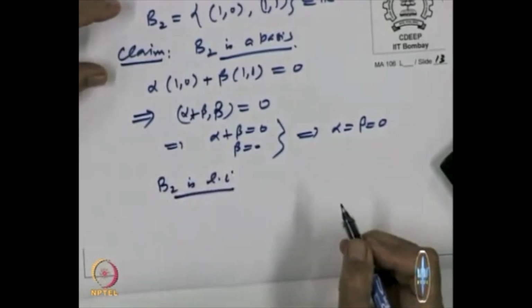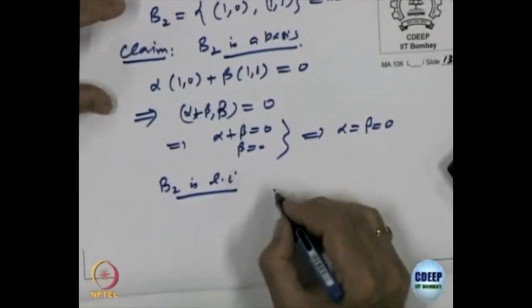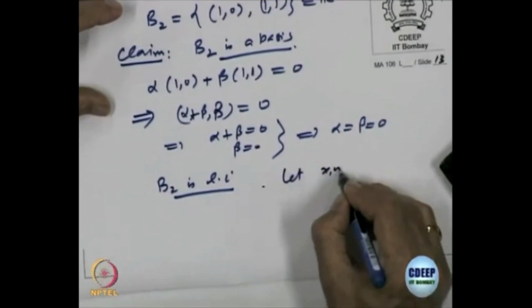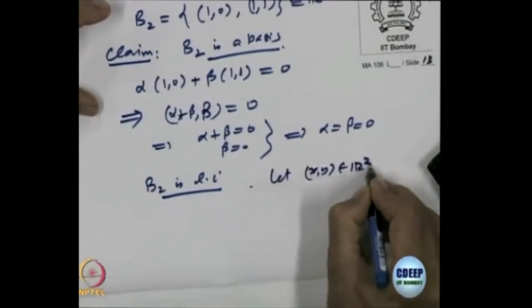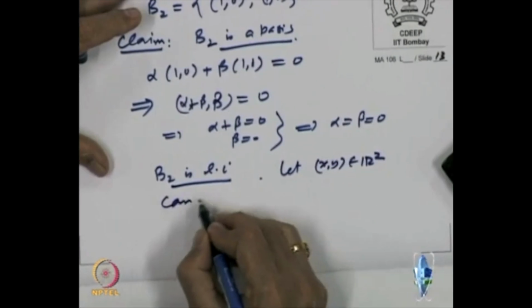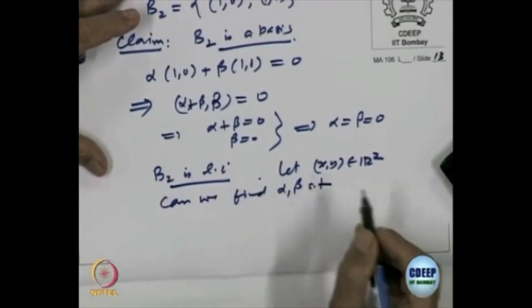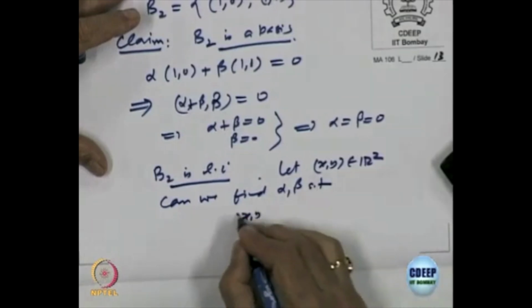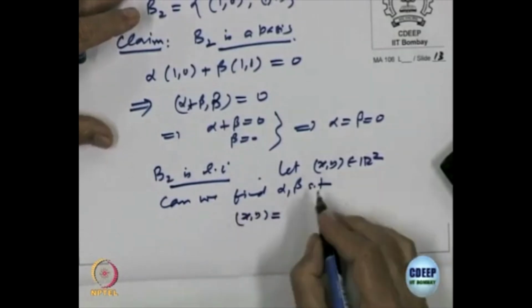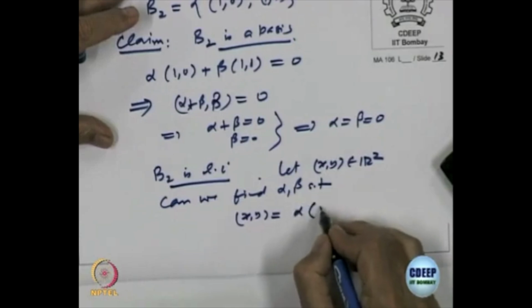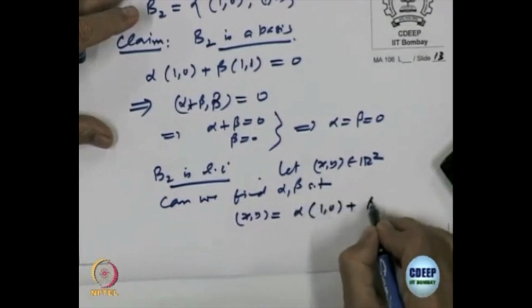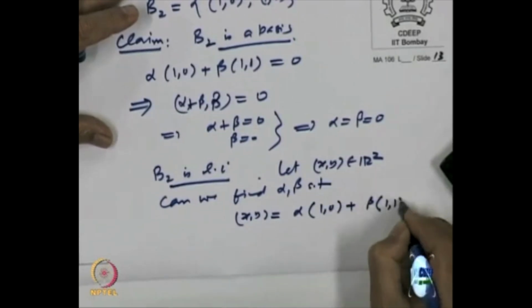Next, what should I check? If I want to show it is a basis, either I should show it is maximal or that it generates. So let (x, y) belong to R2. Can I find alpha, beta such that (x, y) is equal to alpha times (1, 0) plus beta times (1, 1)?